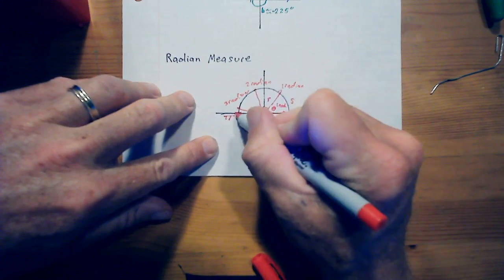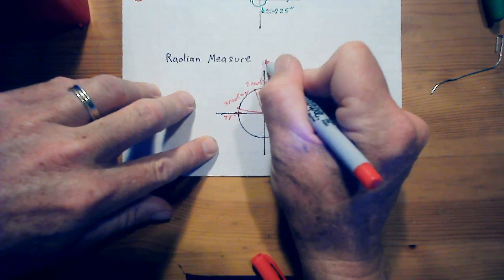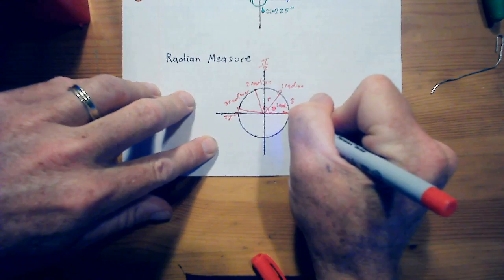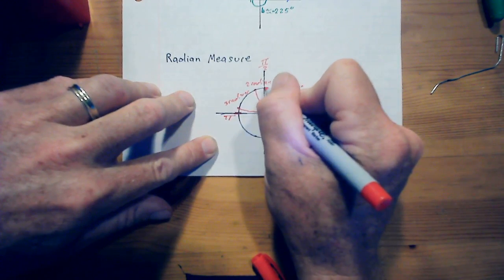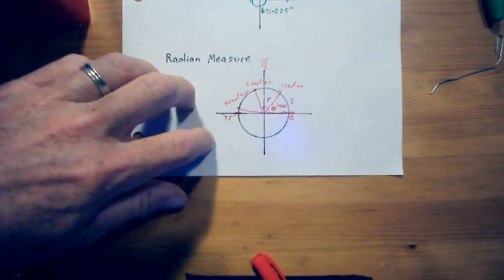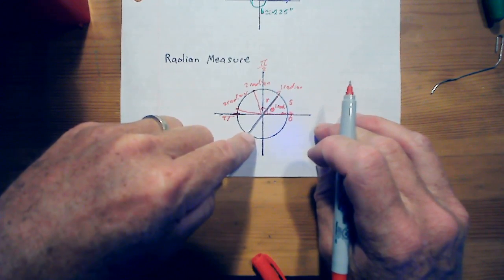From here, going back to there, this is halfway, pi over 2. We're starting here at 0 radians, pi over 2 radians, and all the way to pi radians. Radians is just how long that radius is.